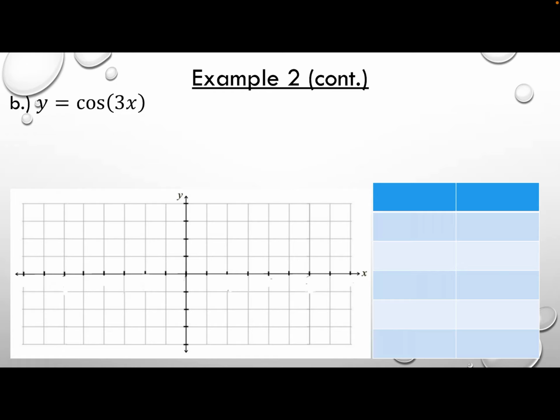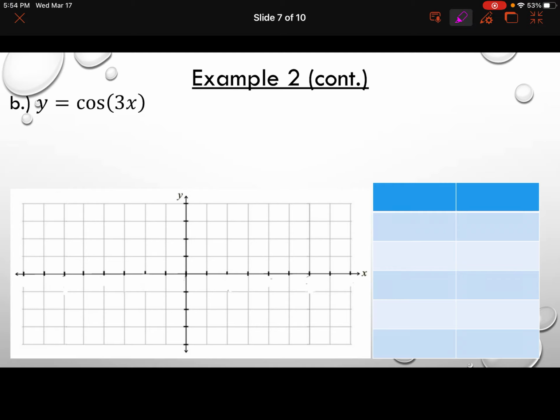So remember, first step, get that starting point for the curve. We do that by just doing the y-intercept. So just plug in 0 for x. So we have cosine of 3 times 0. So that's just cosine of 0. So we look up 0 degrees on the unit circle.